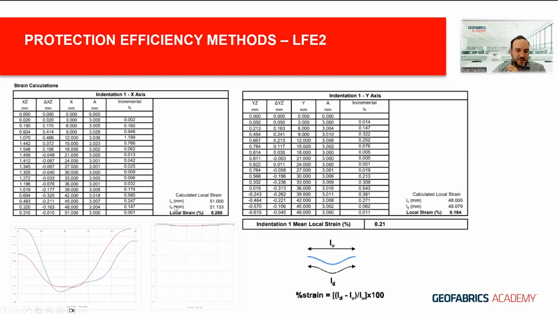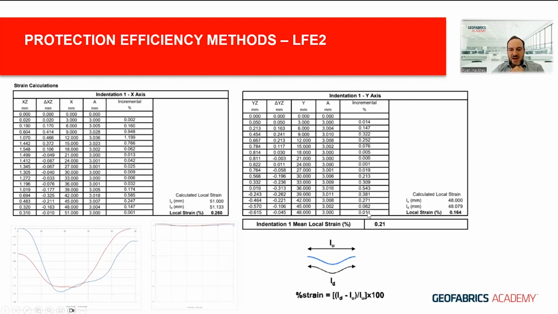When we add up the LD, we use Pythagoras by measuring the horizontal and the vertical. We then use Pythagoras to get the hypotenuse. The summation of the hypotenuse deformations gives us LD, which in this case is 51.133. And by using that calculation I've given previously, we get a local strain of that x-axis of 0.26%.